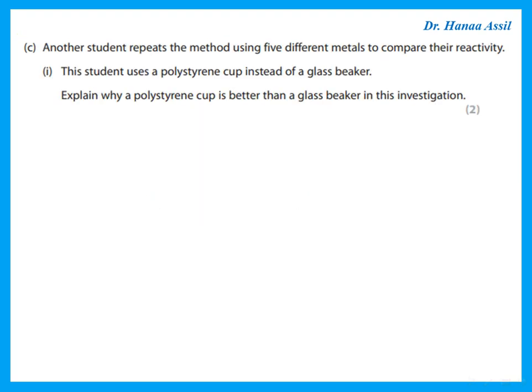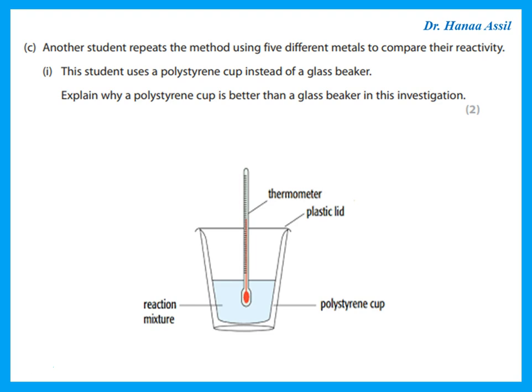Okay, another student repeats the method using 5 different metals to compare their reactivity. The student uses a polystyrene cup instead of a glass beaker. Of course, that is much better. If we are doing an experiment in which we're measuring temperature, we should do it in a polystyrene cup, not in a glass beaker.